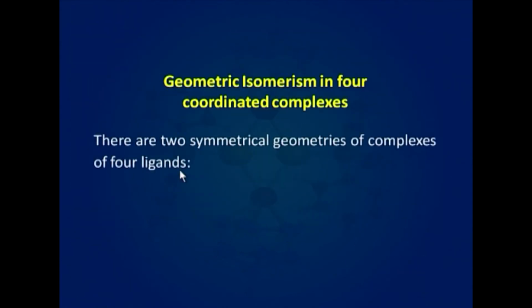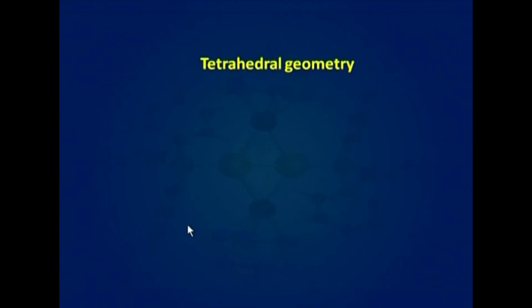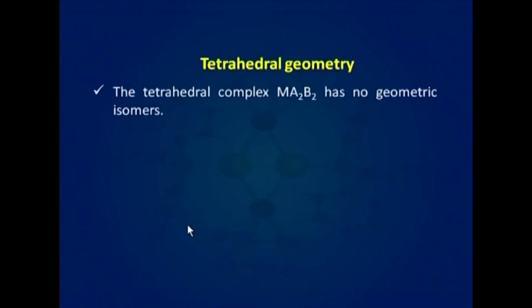There are two symmetrical geometries of complexes of 4 ligands, tetrahedral and square planar. Let us discuss geometrical isomerism for tetrahedral geometry. The tetrahedral complex MA2B2 has no geometric isomers.